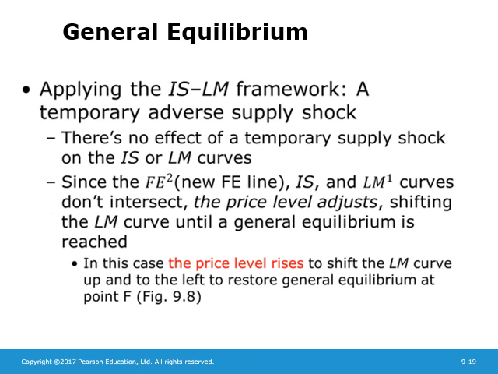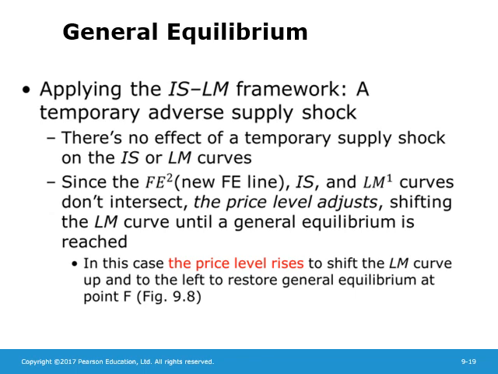As we said, to reach general equilibrium, the price level has to adjust. And the LM curve will shift when price changes. So the price level has to adjust, shifting the LM curve until a general equilibrium is reached. And this will also be clearer as we see the figure.